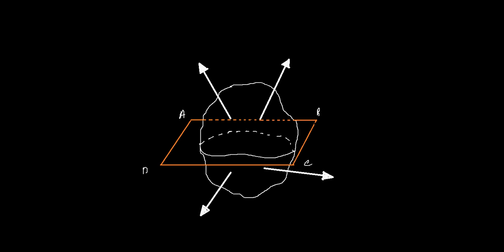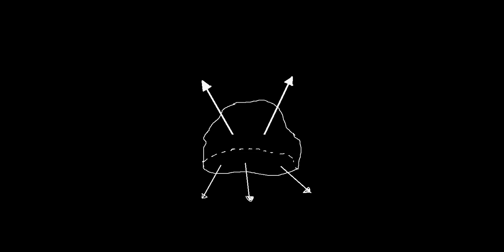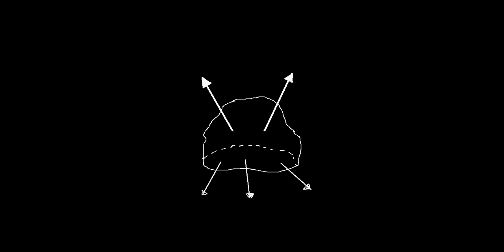So we divided the body into two parts using an arbitrary plane. Now we can consider a single part of it. Say you have forces F1 and F2 here. Because the body as a whole is in equilibrium, this part of the body should also be in equilibrium.